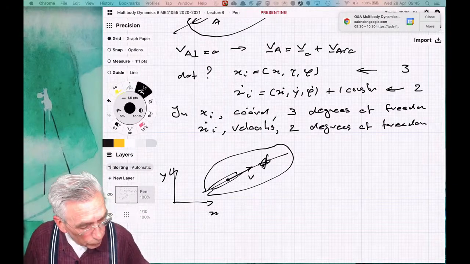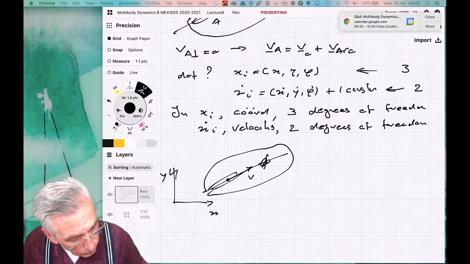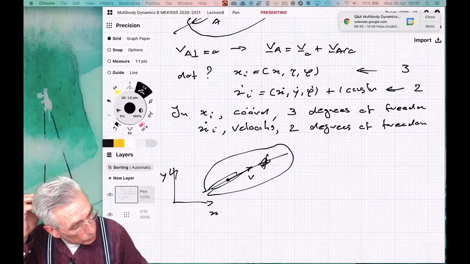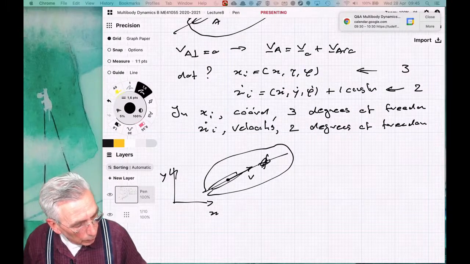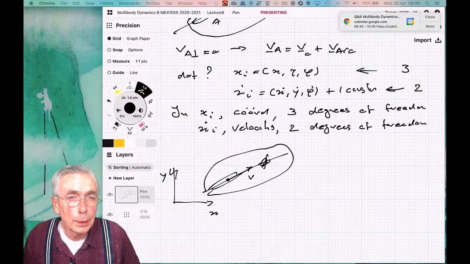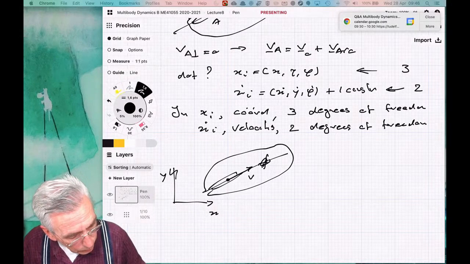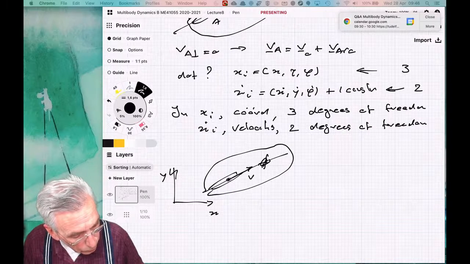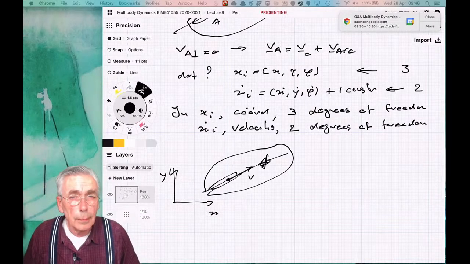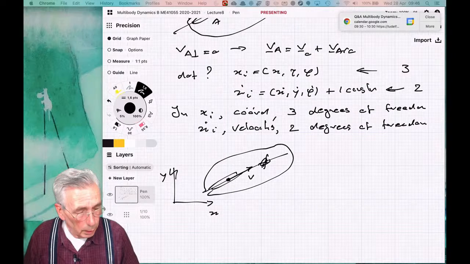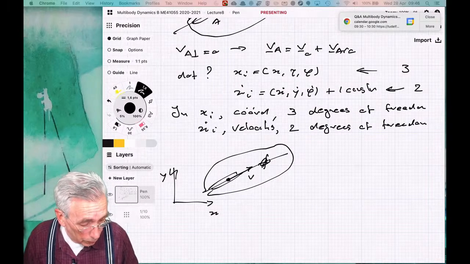It can have a velocity v, and it can have some rotational velocity, of course, but the rotational velocity must be such that the lateral velocity here is 0, right?